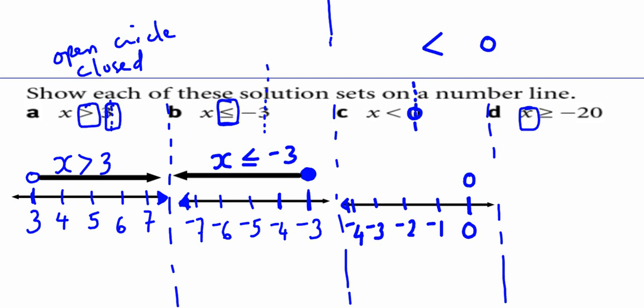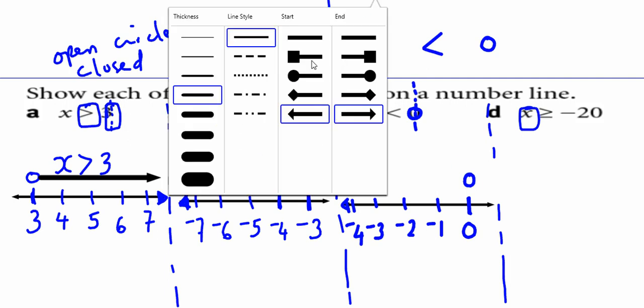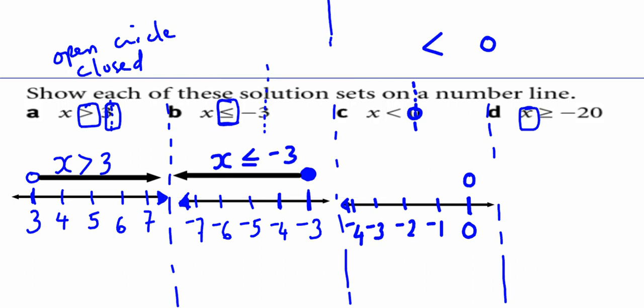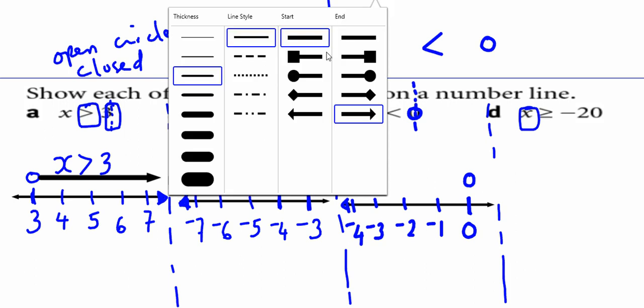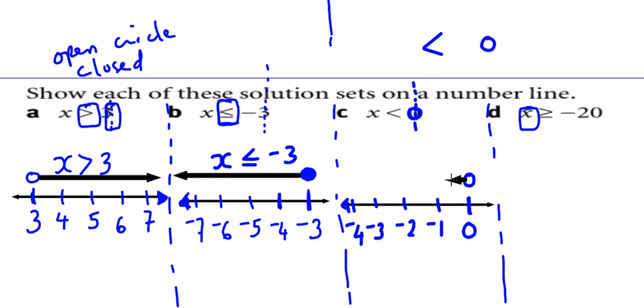And then you take your ruler, draw a line going to the left hand side. Can you see that? And that is an open circle. And here you write x, or all numbers which are less than 0.